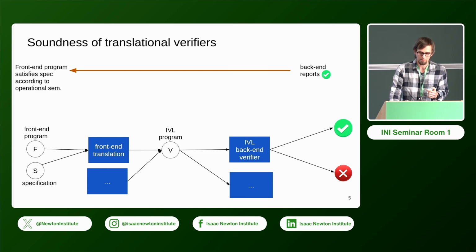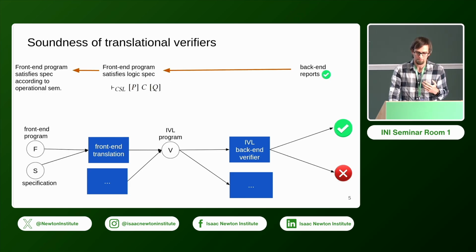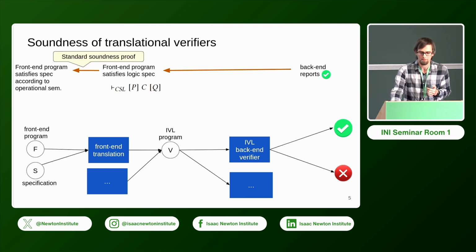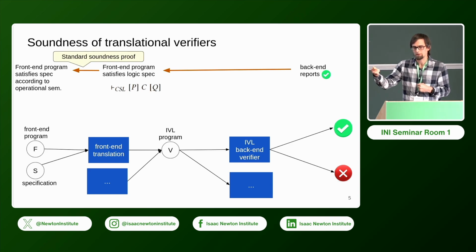The first step to do this is relatively straightforward. Usually these front-end programs come with a separation logic. For example, for this simple CSL program, you can have a standard CSL separation logic, and this separation logic has a standard soundness proof. If we can obtain a triple in the separation logic, we know that the program is correct according to the operational semantics of the language.